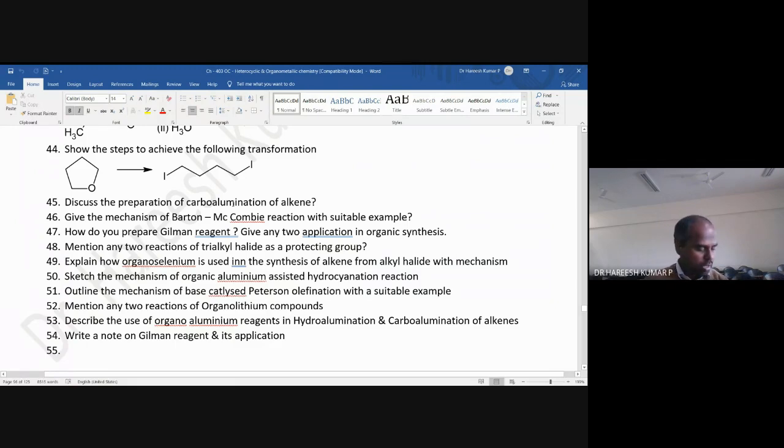Now maybe what you can do, you prepare for the 403 internals, more particularly for the 40 marks internal. You can prepare and tell me which date you are going to write 403, and also tell me which date you are going to write 404, that is medicinal chemistry.